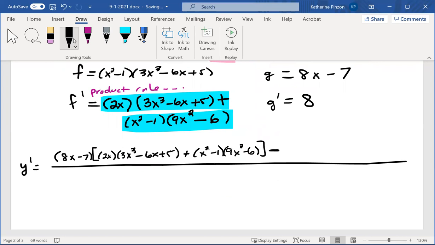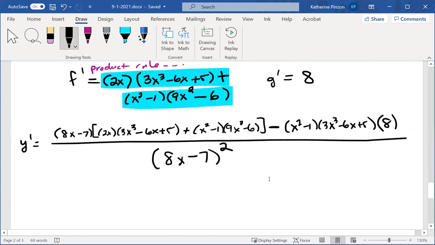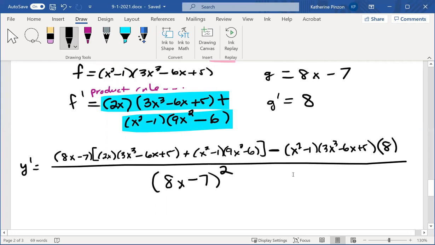Minus, okay, so top, which was x squared minus 1 times 3x cubed minus 6x plus 5, times the derivative of the bottom, 8, all divided by g squared. We got the derivative of f by using the product rule.